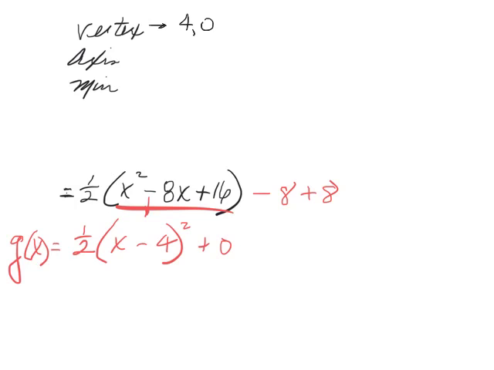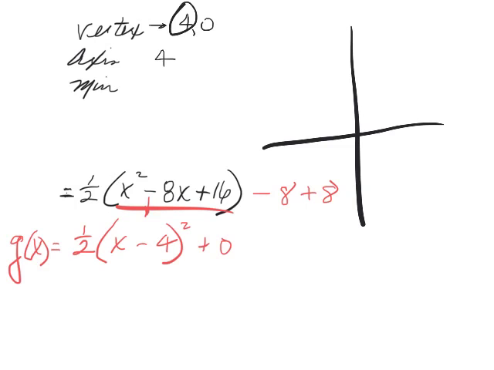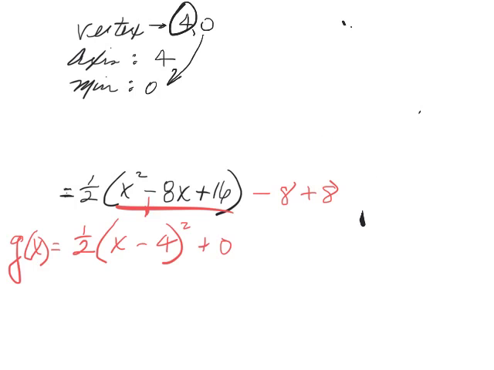And my axis of symmetry will always be the first coordinate of my vertex, my x value. And I know that the graph opens up, so I know it has a minimum value here. My minimum value is my y value. So there's that information, and hopefully there's enough information now that I can graph this without too much trouble.